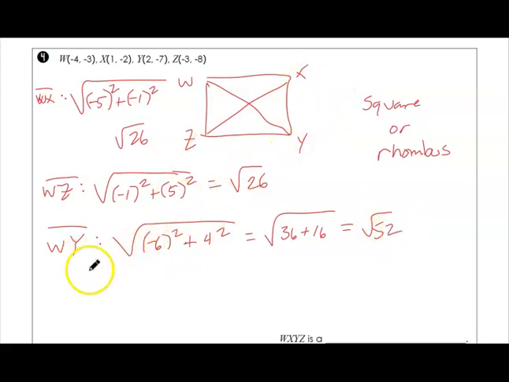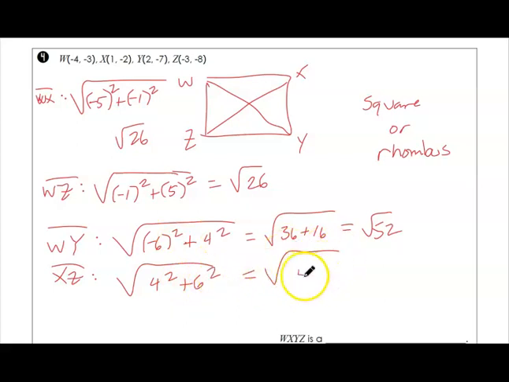And now let's see about XZ. 1 plus 3 is 4 squared, and negative 2 plus 8 is 6 squared. So we're going to get the same thing. That means the diagonals are the same. So if all four sides are the same and the two diagonals are congruent, that means we have a square.